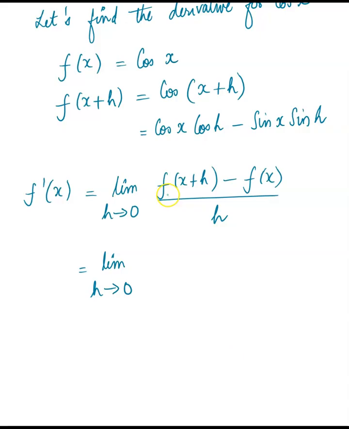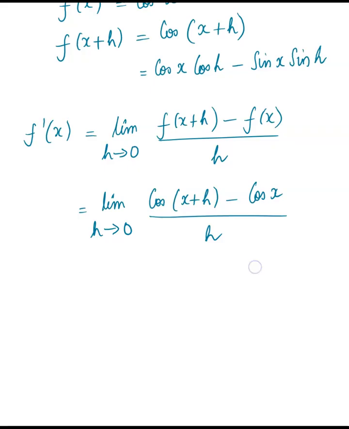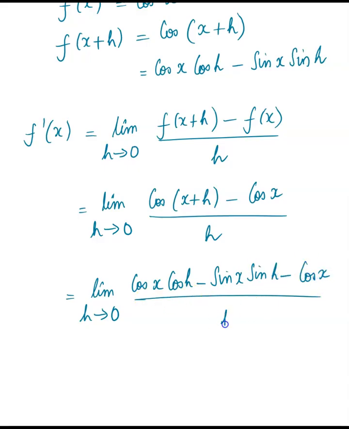And here, f of x plus h is cosine of x plus h, minus cosine x, over h. From the expansion for cosine of x plus h using the identity, that's going to be cosine x cosine h, minus sine x sine h, minus cosine x, all over h.